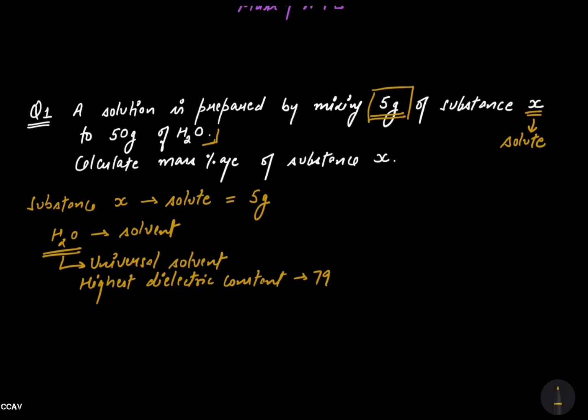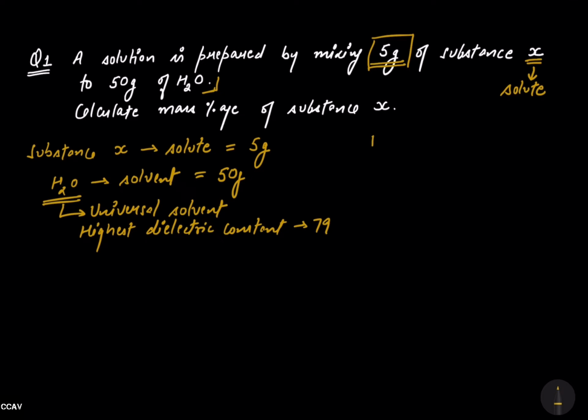Water will always be the universal solvent, whether the water is in excess or in a small quantity; it will remain the solvent. Now, what's its weight given? It's given as 50 grams.